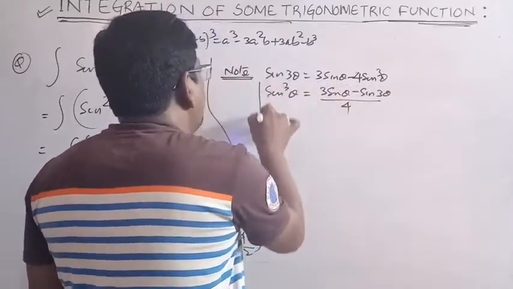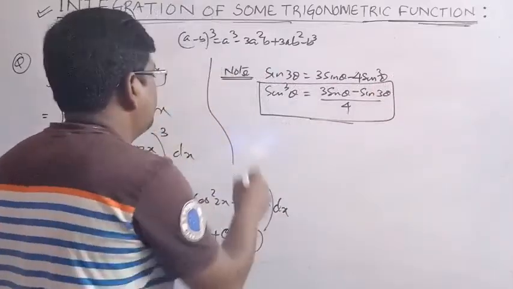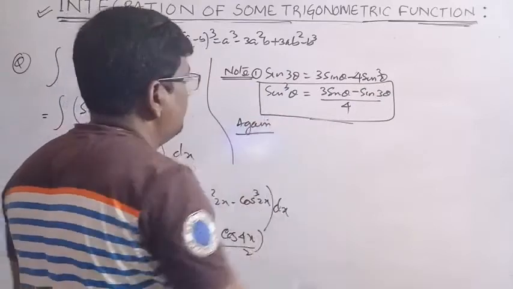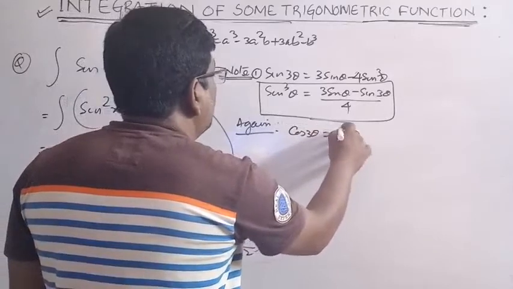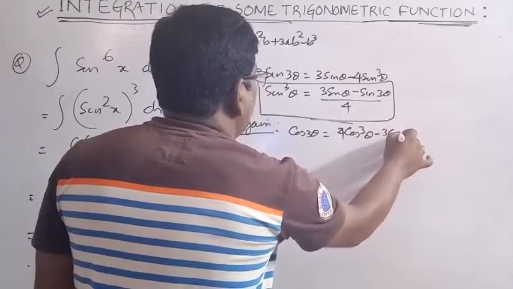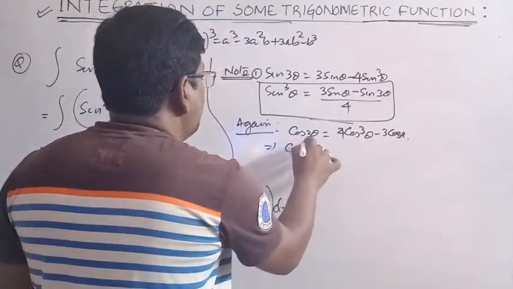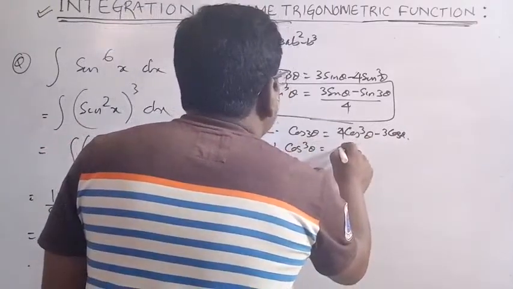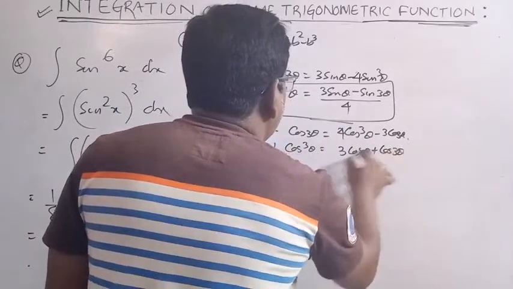Suppose you have to integrate sin cube x, then apply this formula. Again, cos 3 theta is equal to 4 cos cube theta minus 3 cos theta. So cos cube theta is equal to 3 cos theta plus cos 3 theta divided by 4.